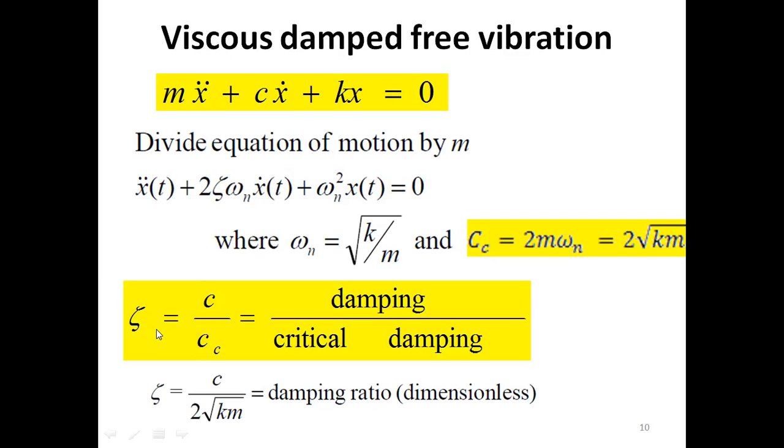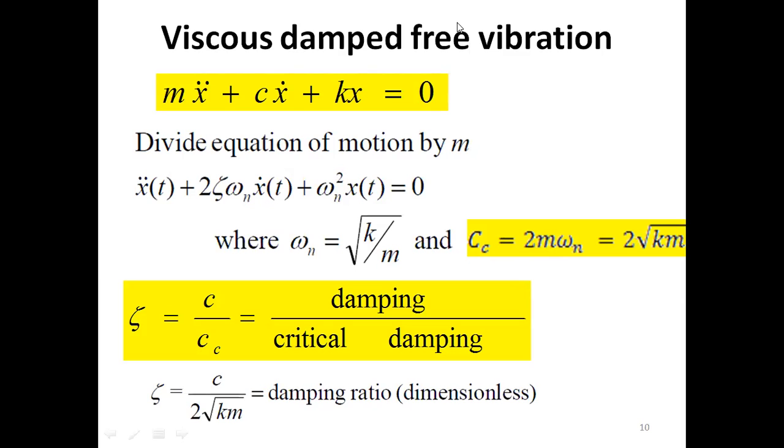And if I then divide the equation by m on both sides, we would have C by m on one side, whereas on the other side we would have zeta Cc by m. And for Cc, we have 2m omega n. And if it is divided by m, then we would have C by m is equal to 2 zeta omega n.